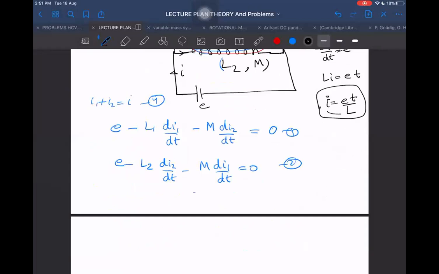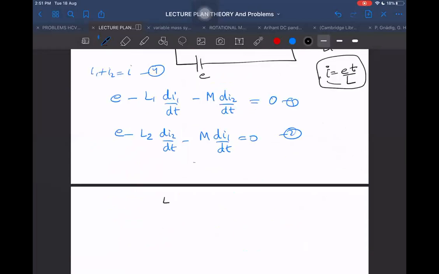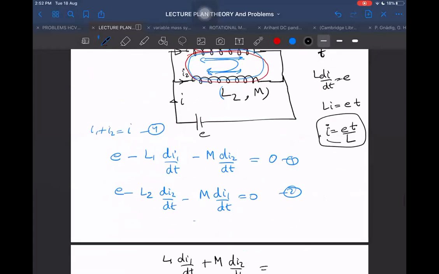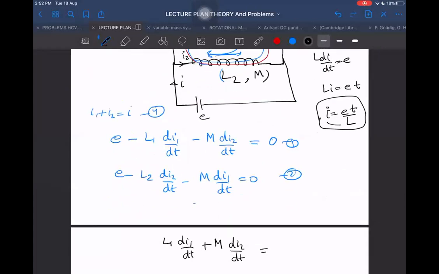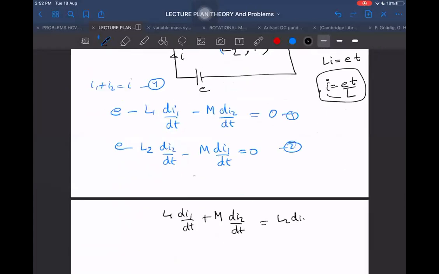Then I will get L1 into di1 by dt plus M into di2 by dt for the upper branch. And for the lower branch, I should have written L2 into di2 by dt plus M into di1 by dt. That way I should have equated the EMFs. And then I think what you are getting is right.